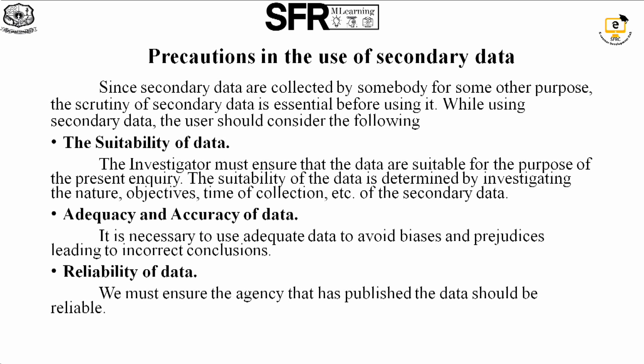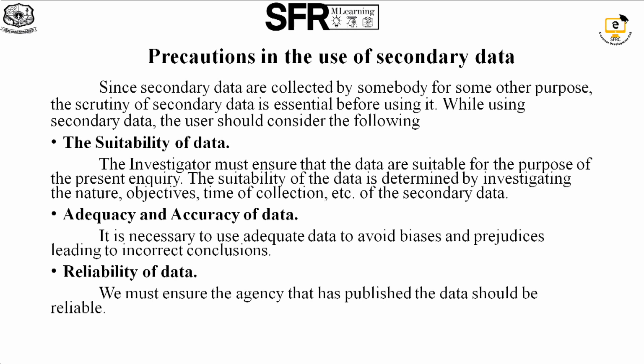The suitability of the data is determined by investigating the nature, objectives, time of collection, etc. of the secondary data. Suitability means we take the information only if we need it. If it is not related to our investigation, you don't choose it. So if we choose information from secondary data for our investigation, first we have to check whether it is suitable. Next, adequacy and accuracy of the data.